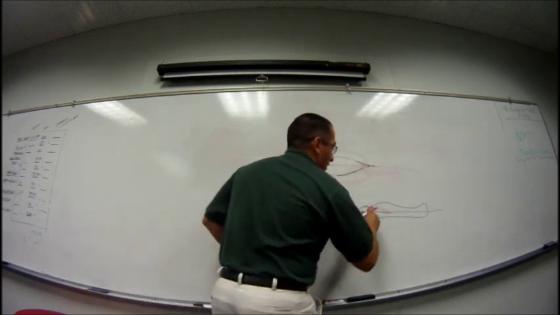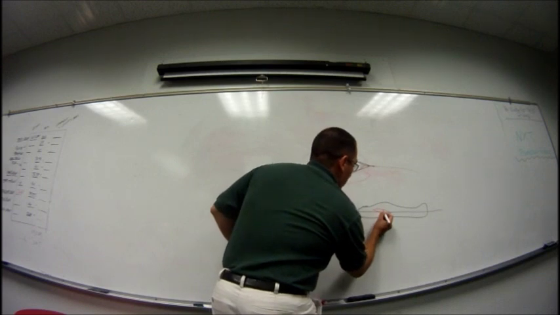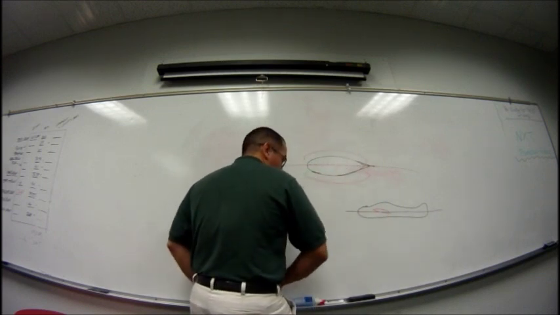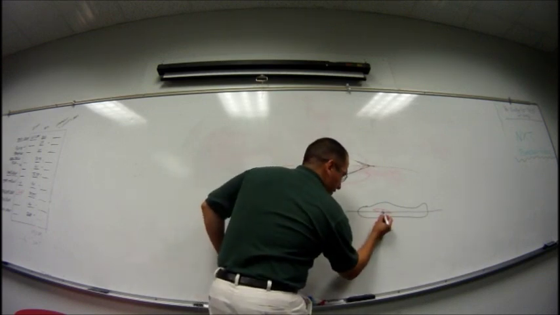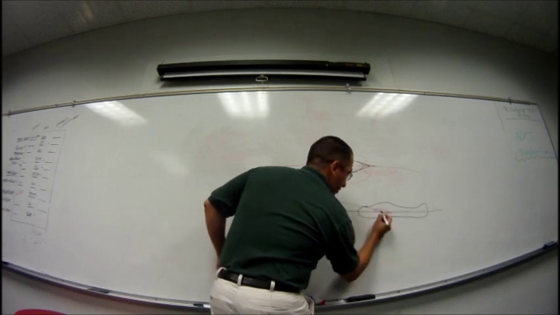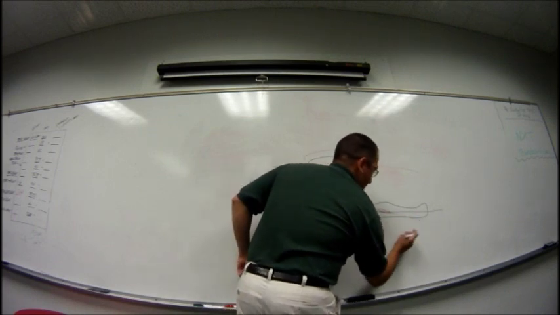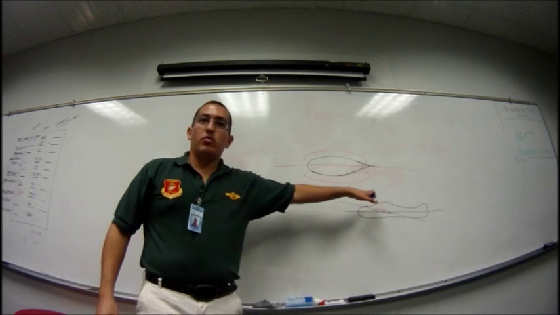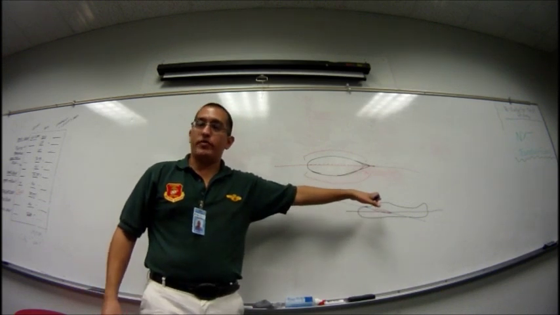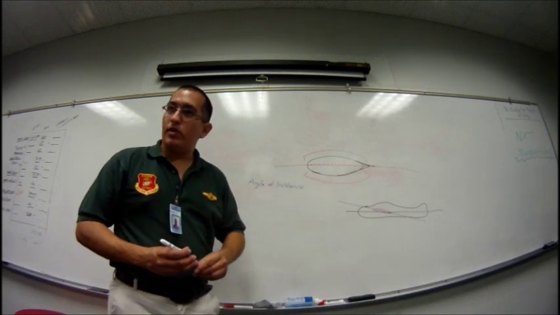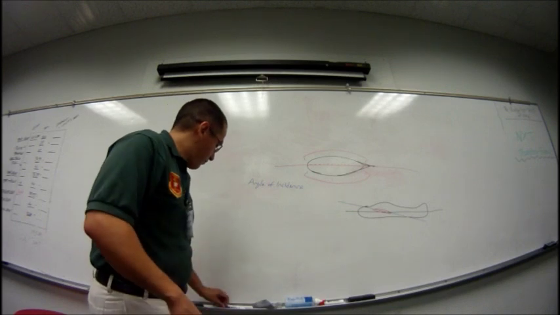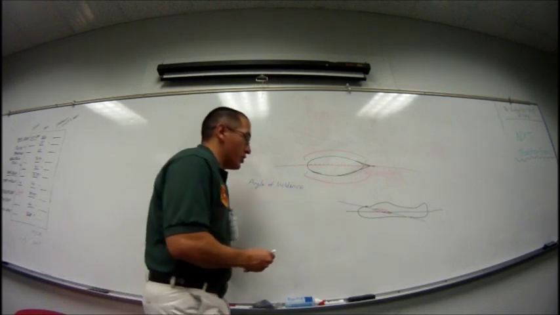And your chord line is not going to be this extreme, but your chord line is going to run like this. Okay. So it's not going to be synced up with the horizontal of the aircraft. Okay, that angle right there is known as your angle of incidence. Okay, and this is important to know.